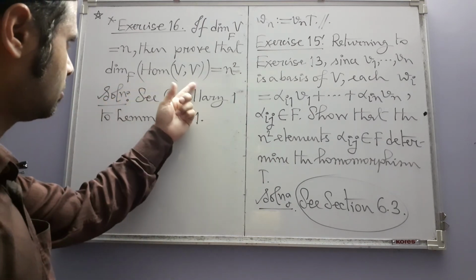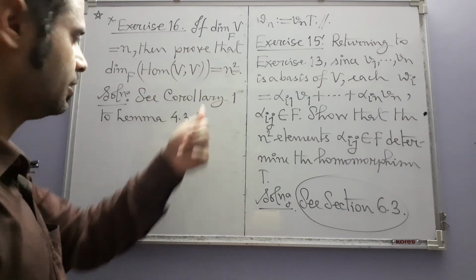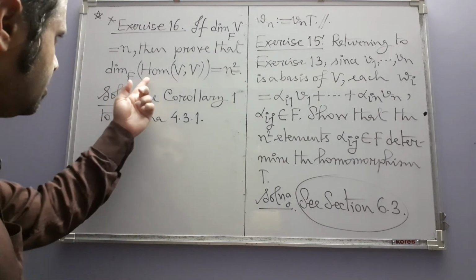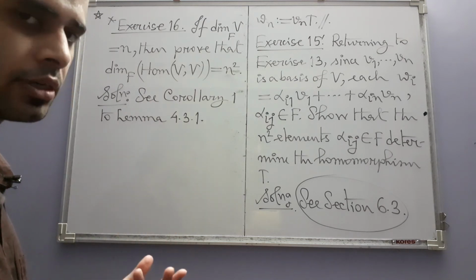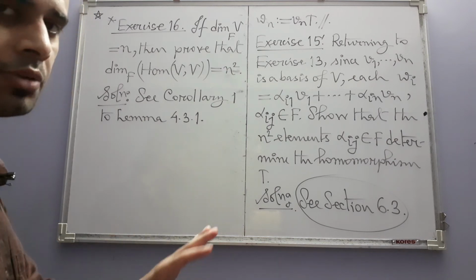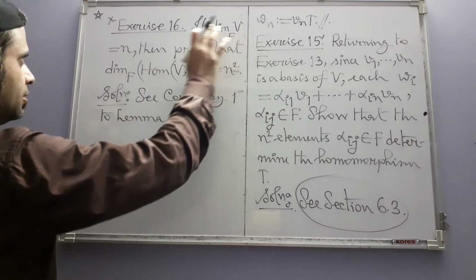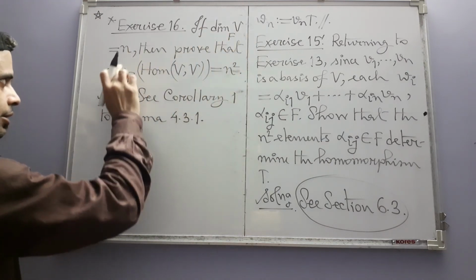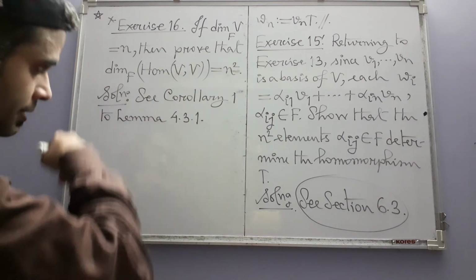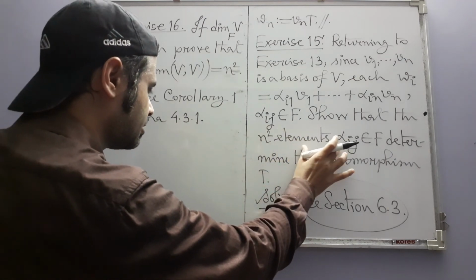Recall that this is the set of all vector space homomorphisms from V into itself, and we have already seen that this set itself becomes a vector space over that same field F under a naturally defined addition and scalar multiplication. If the original space V is finite dimensional and that dimension is n, then the dimension of this space is n square. Exactly why this is n square, you are supposed to guess from your understanding.